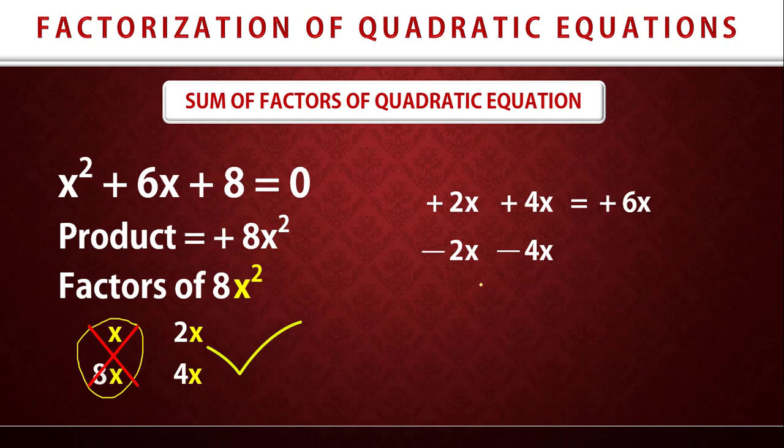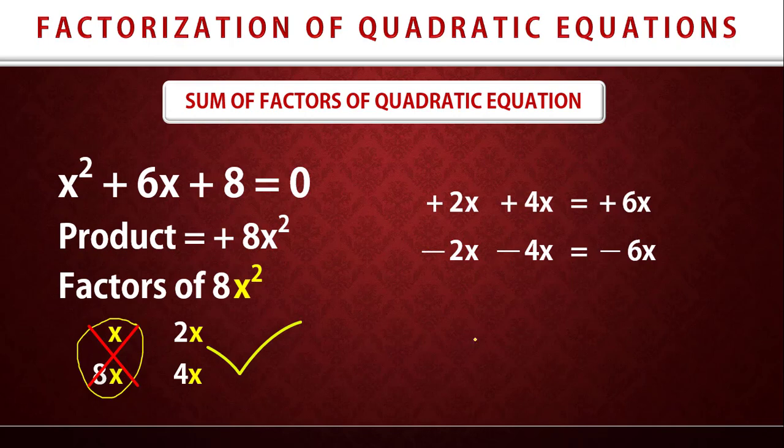Minus 2, minus 4: you're owing 2 penny and you owe another 4 penny. So you're owing 6 penny, and owing means minus. So we have minus 6x there. Minus 6x, that's what we got there. So if you look at what we tried here, we tried plus and plus, and we tried minus and minus.